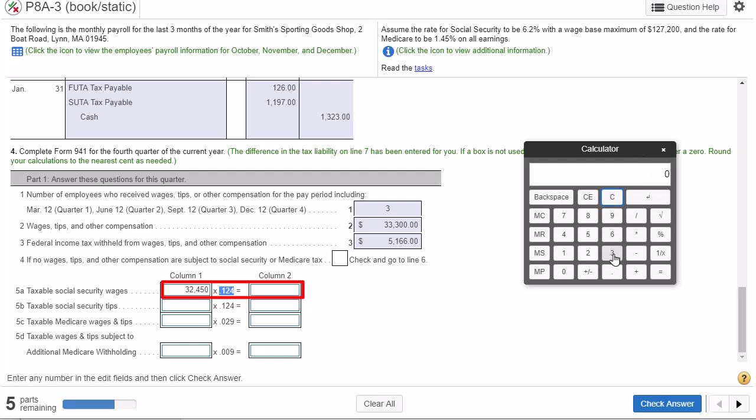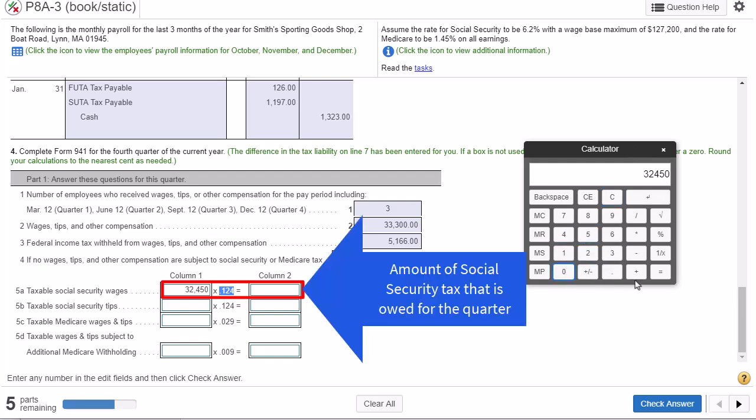So we're going to clear this. 32,450 times 0.124 equals 4,023.8.